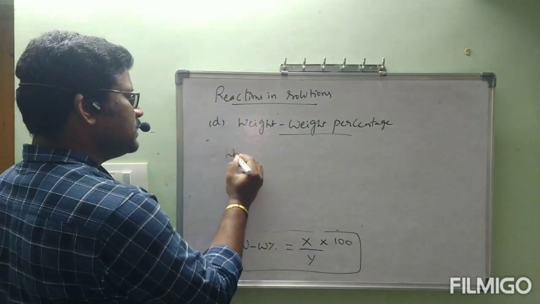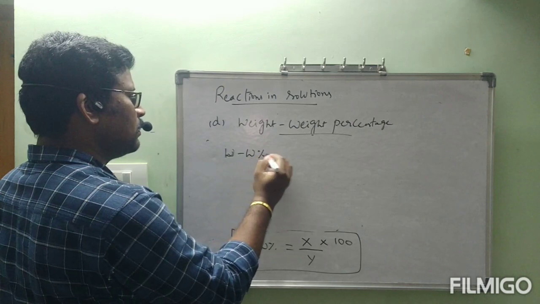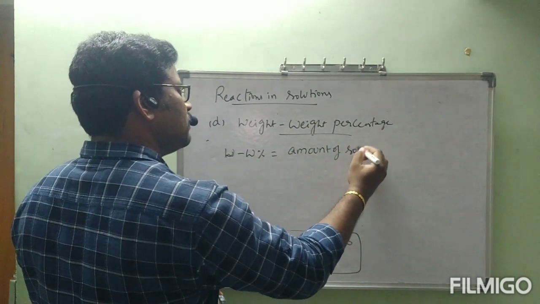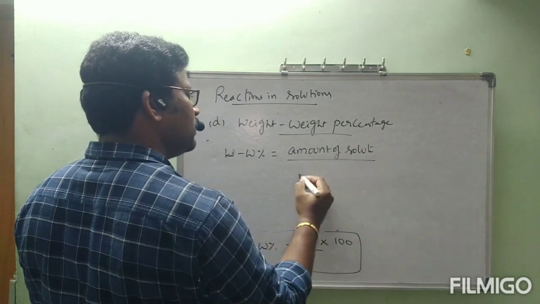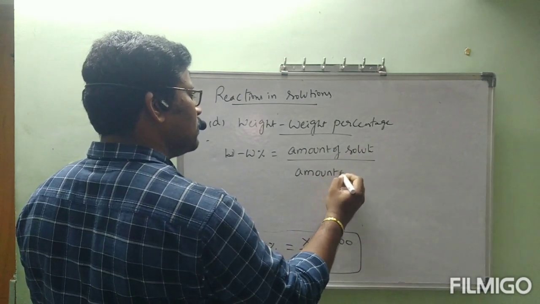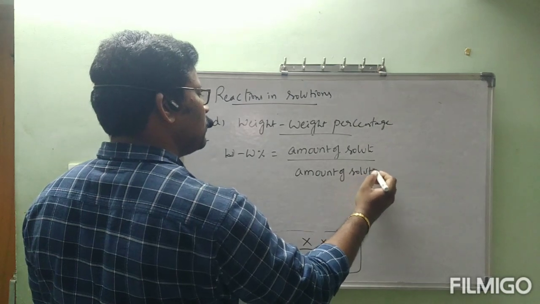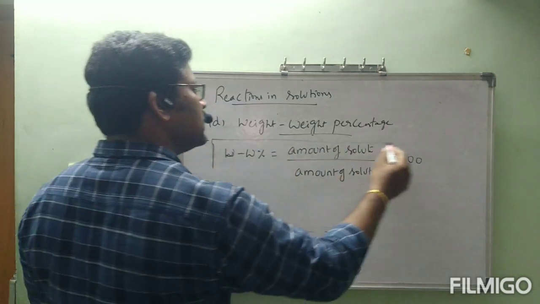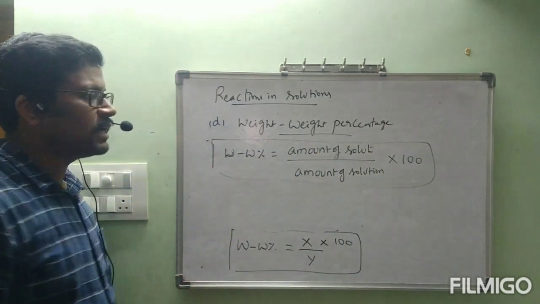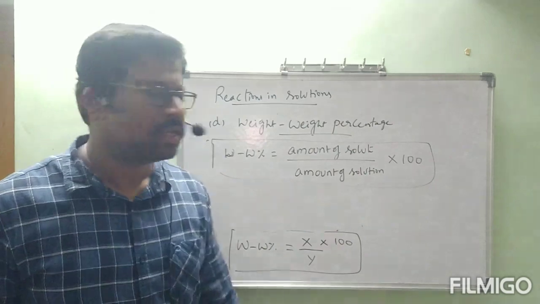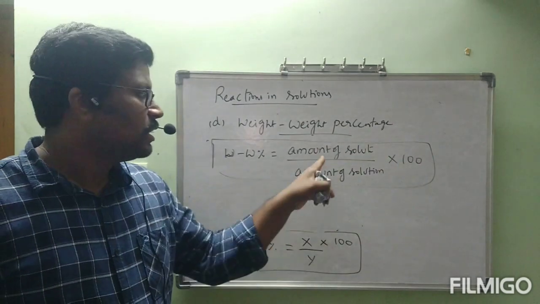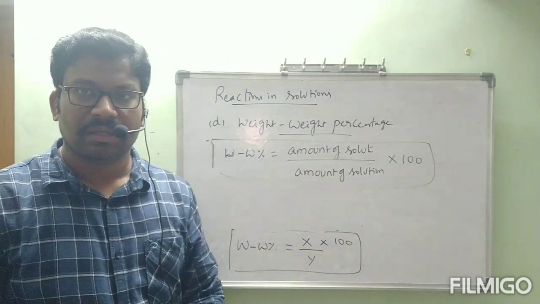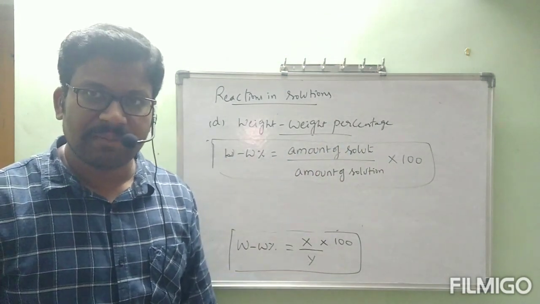Because that 100 is fixed, every time we consider 100 grams of solution, that 100 is constant. This is the final formula of weight percentage.